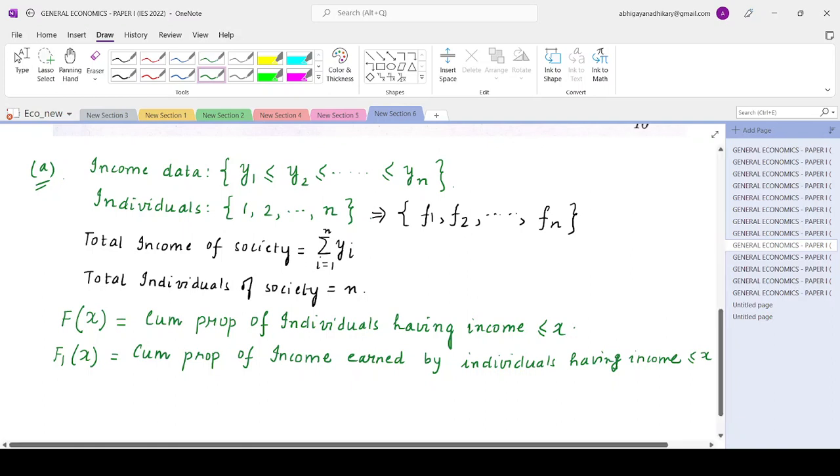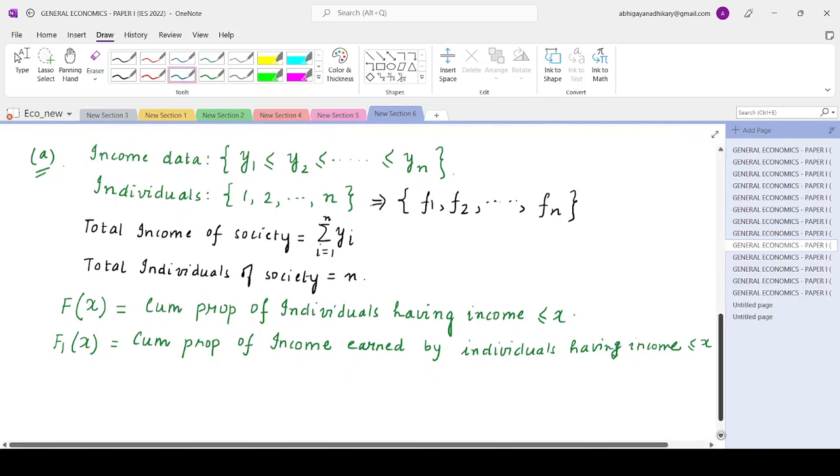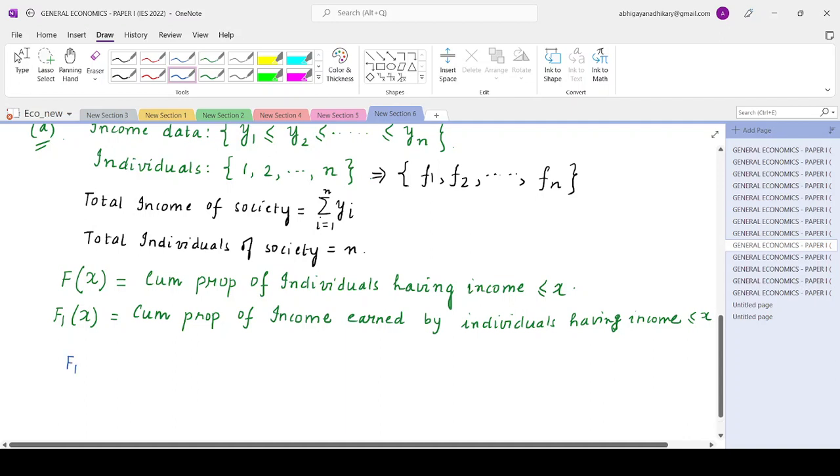Okay, that means if I define F1 of x, it's basically you will sum all those incomes yi such that yi is less than or equal to x, and then this thing will be divided by the total income, summation i running from 1 to n yi.